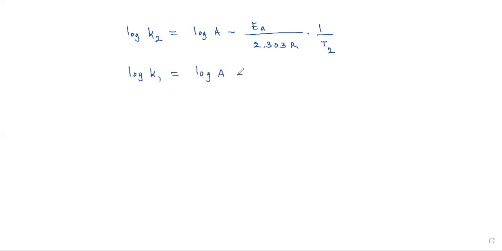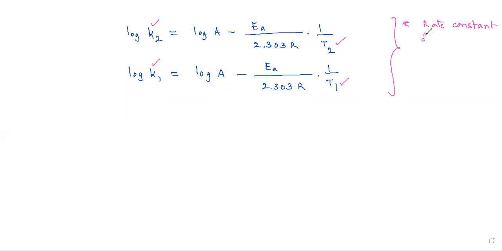Log k1 is equal to log A minus Ea by 2.303 R into 1 by T1. k2 at T2, k1 at T1. Let me also tell you that the rate constant or specific rate depends only on temperature.